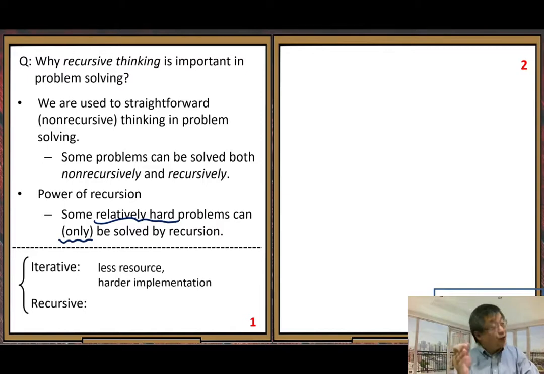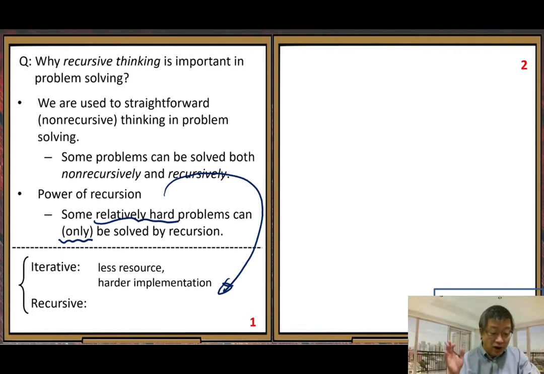Advantage: less resource, compared with the recursive method. But why? It is a pretty long story. I will talk about that. Disadvantage: harder implementation. Harder means for relatively hard problems; for relatively easy problems, not hard.